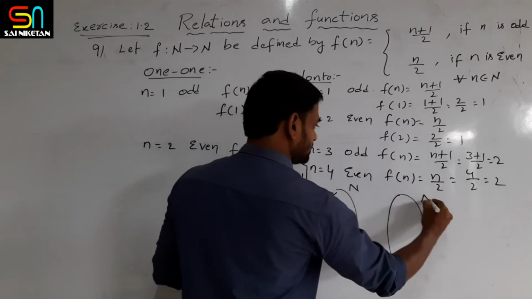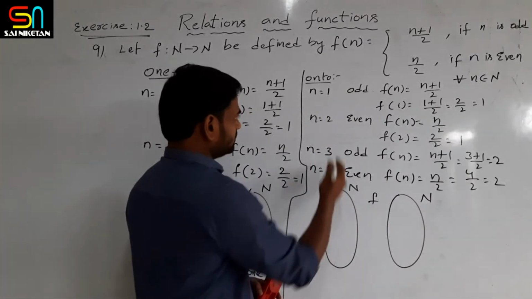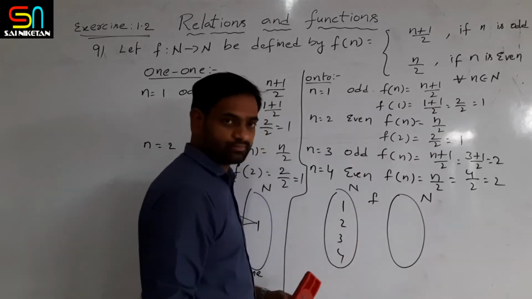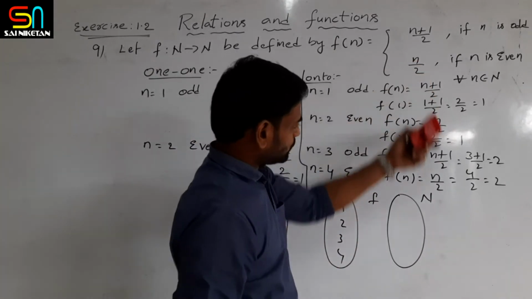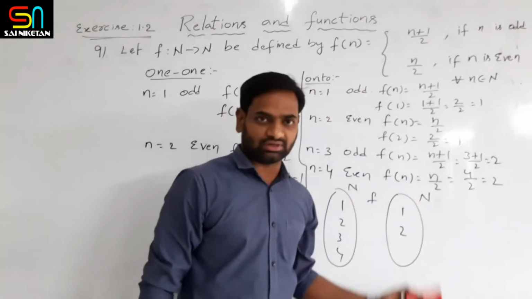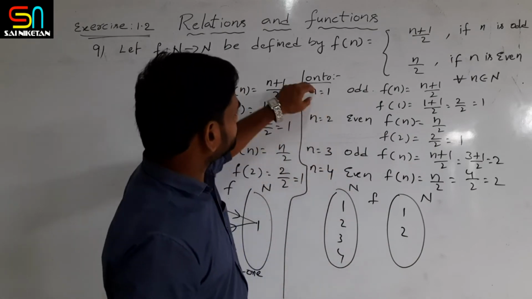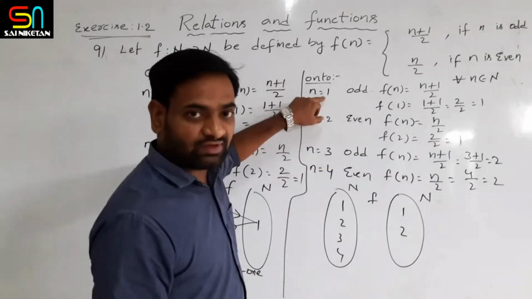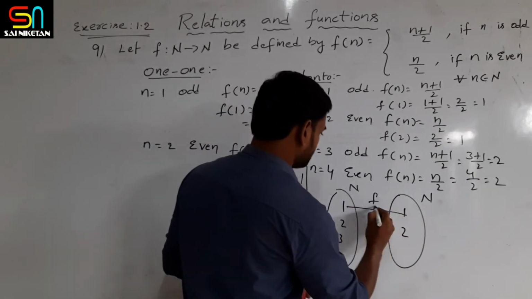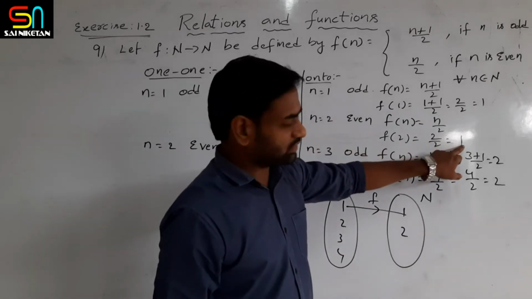Natural numbers and the function f. Now here, what are the n values? 1, 2, 3, 4. Okay. Here also, I am taking the natural numbers 1, 2, like that. You can take everything. Okay. Now see here, what is the mapping here? When you are taking n value 1, the mapping is 1. That is 1 to 1. Next, n value 2, f of n is 1.